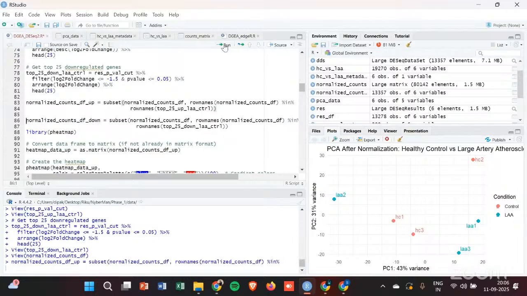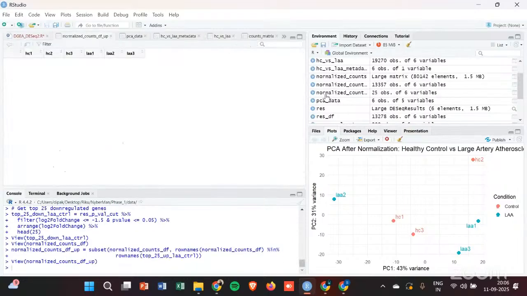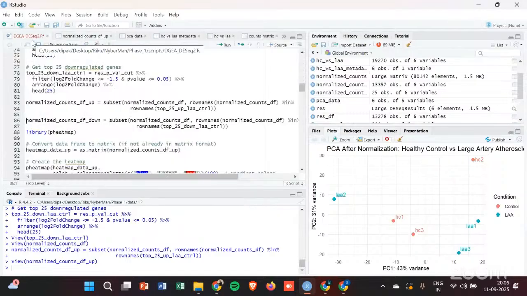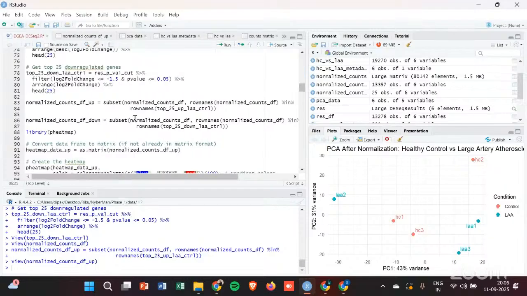Now, if I do that, I should have a counts matrix with only the top 25 upregulated genes and their respective normalized counts values. Similarly, we will also get the normalized counts values for the top 25 downregulated genes. The logic is just the same.